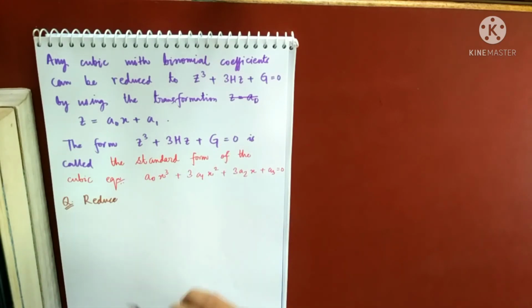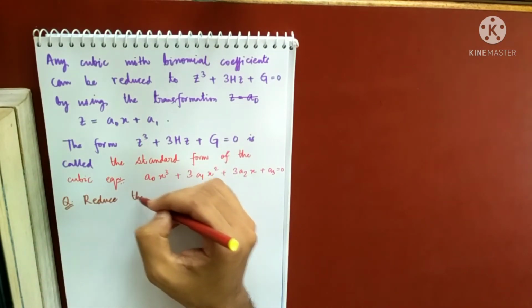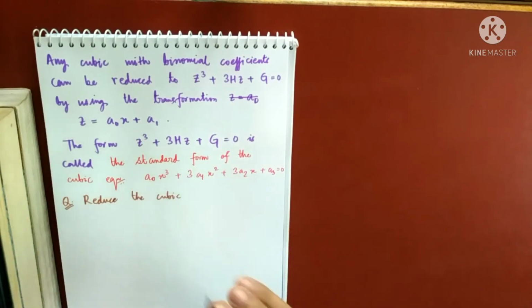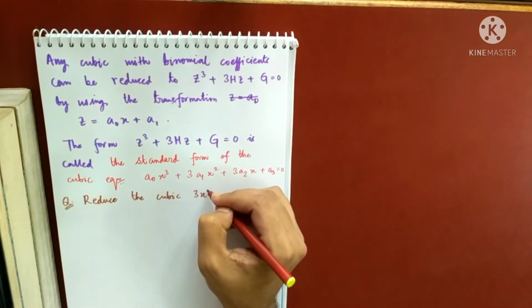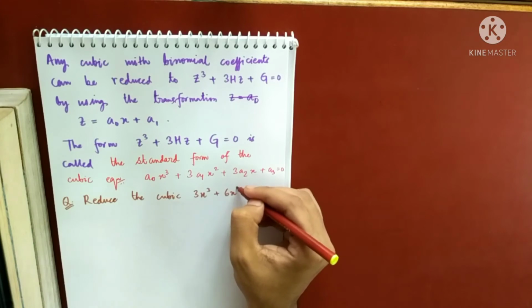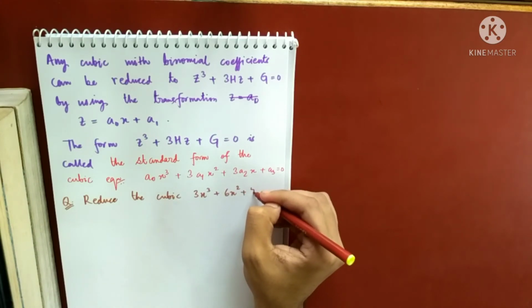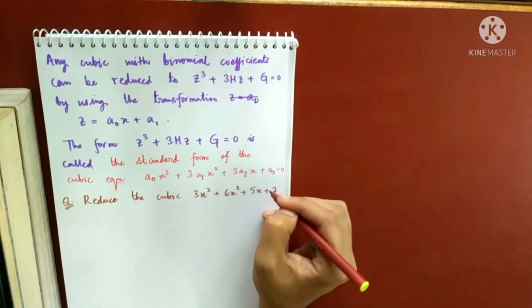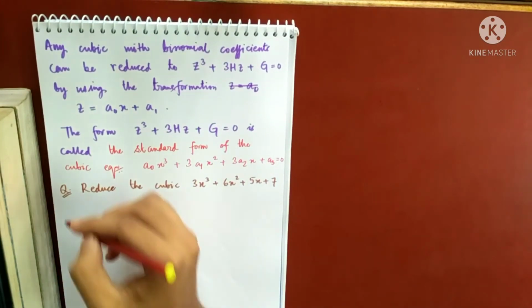This time I am not solving it because I haven't taught you any method to solve yet, but I'm just asking you to reduce it to the standard form. So reduce the cubic 3x cube plus 6x squared plus 5x plus 7 to the standard form.